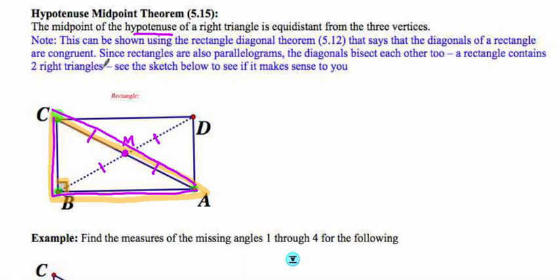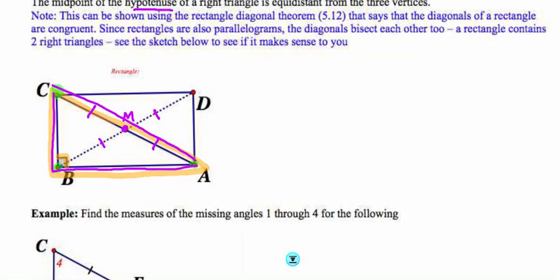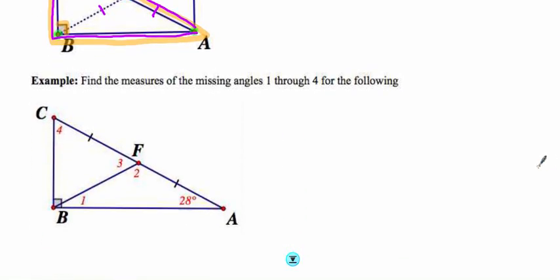Okay, and so your task at this point is to do two things. First of all, to use theorem 5.15, the one I've just explained, to find the measures of angles 1, 2, 3, and 4.